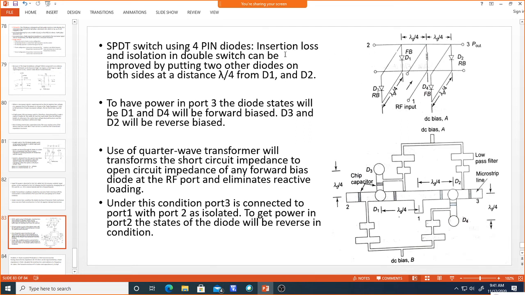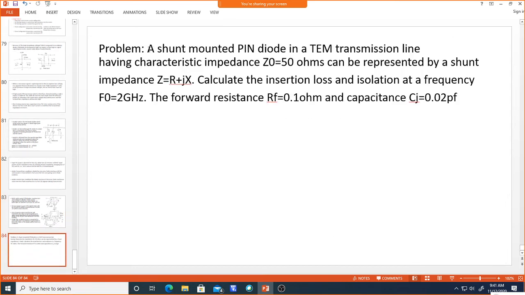So this is the SPDT switch using 4 pin diodes, which can improve the isolation and the insertion loss between port 2 and port 3 when we apply the signal at port 1. So this is about the SPDT switch. Let us take one problem and try to do it.